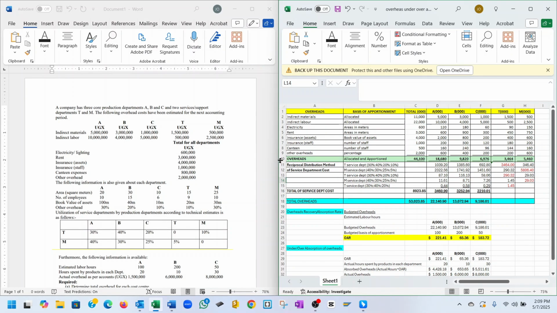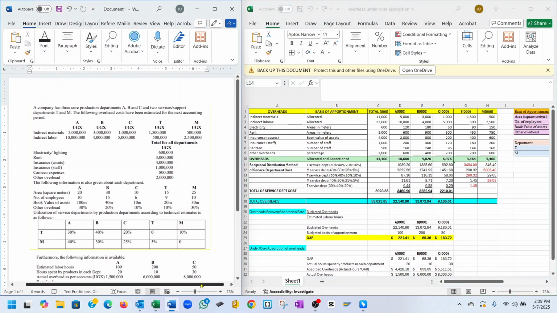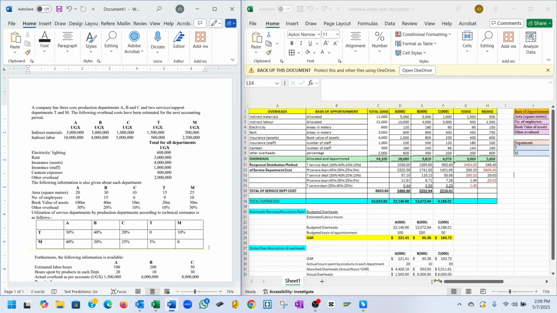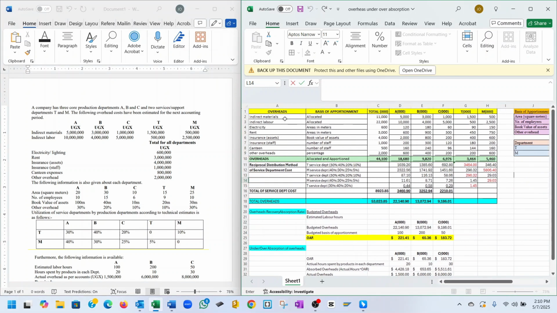So looking at the question on the left and the solution on the right, I explained to you that for this particular section on the left, we have allocated overheads for indirect materials because there is cost allocated to each department. So when we come here, we have indirect materials allocated.